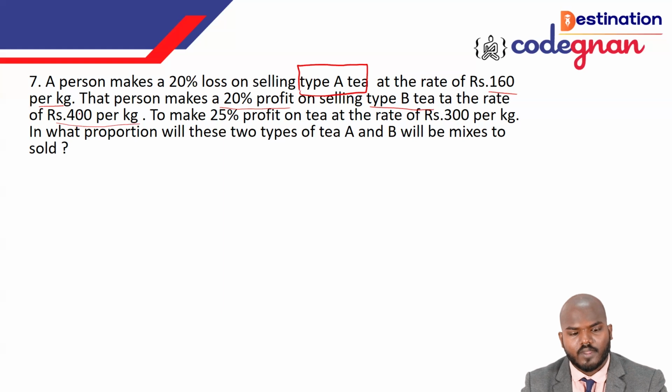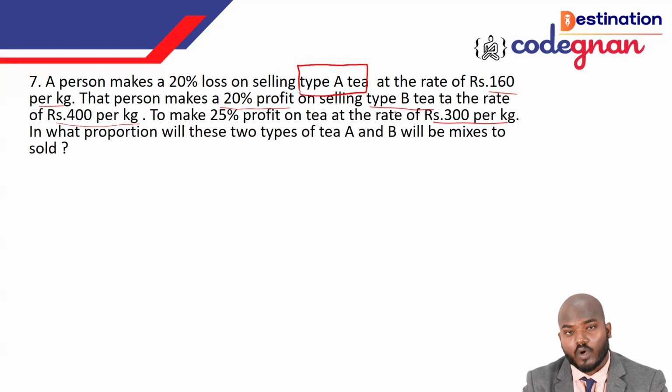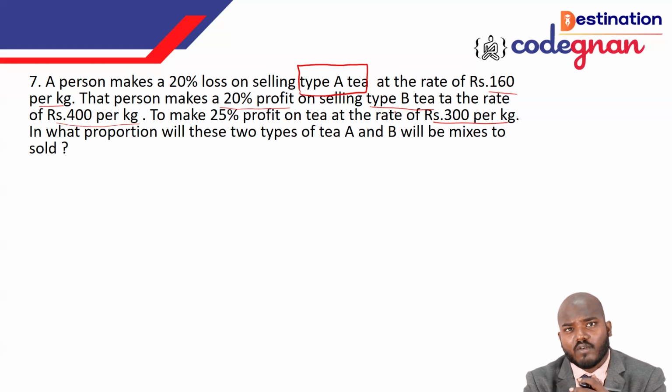So to make 25% profit on tea at the rate of 300 rupees per kg. If you want to make that 25% profit but sell at the rate of 300 only. You see the previous data, it's saying that even if you sell at 400 rupees per kg, you can get a profit of 20% only.